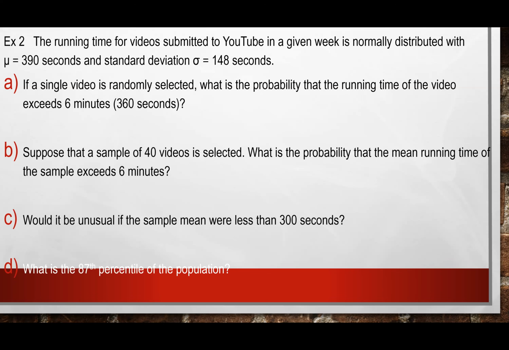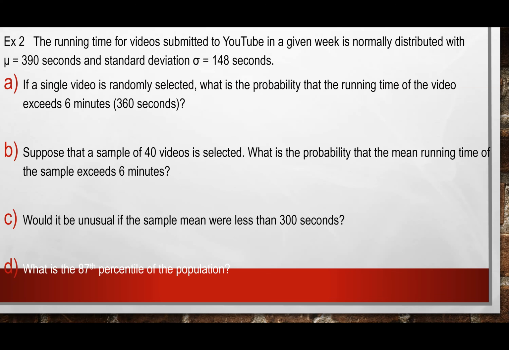Each minute is 60 seconds, so 6 times 60 will give you 360 seconds. So make sure that your data is aligned with each other. If they give you feet and ask you something in inches, you need to know how to convert your data so that they align.